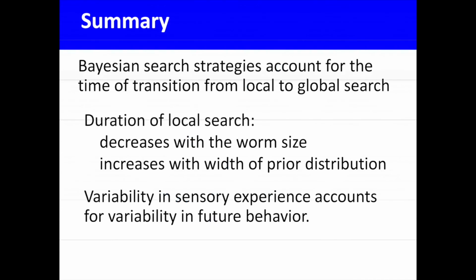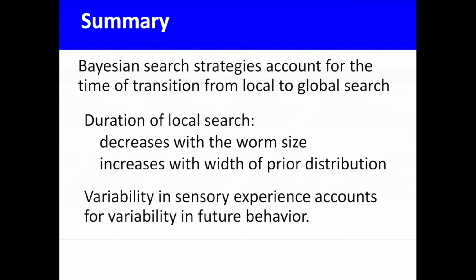So I think that brings me to the end of my talk. What I wanted to argue is that Bayesian search strategy, or information maximization, can account for the transition in animals' behavior. And I would argue that it made several predictions that can be tested.